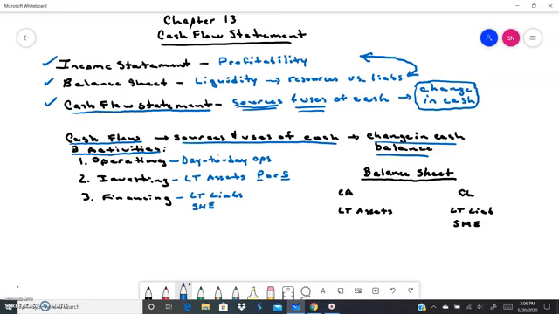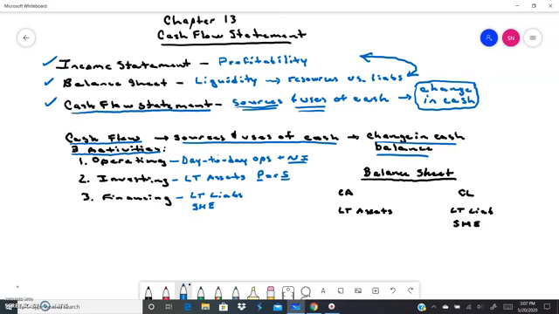Now, in the day-to-day operations, that's going to include obviously everything that goes into net income. So the way we're going to approach the cash flow is we're going to look at changes in the balance sheet. And that's going to help us address what has been going on throughout the year.